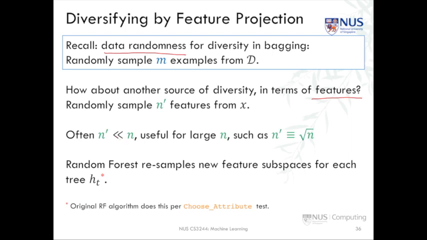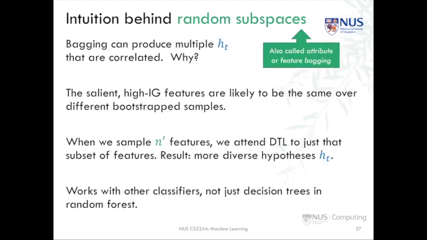We'll usually use a criterion something like taking the square root of the number of features as a way of computing the inputs for each of the individual trees in a random forest. Each of the random forest trees resamples a new feature subset of square root of n for each individual tree.